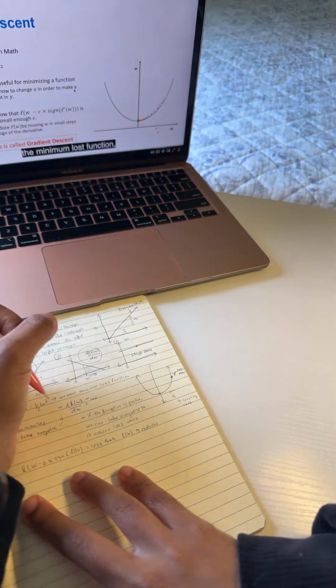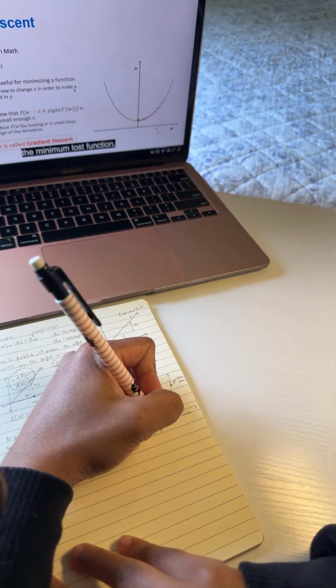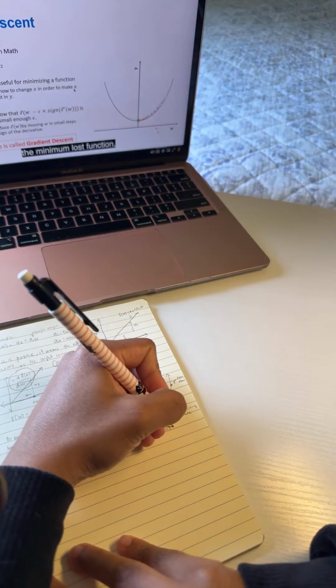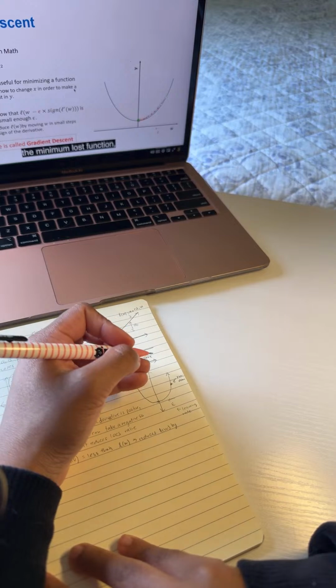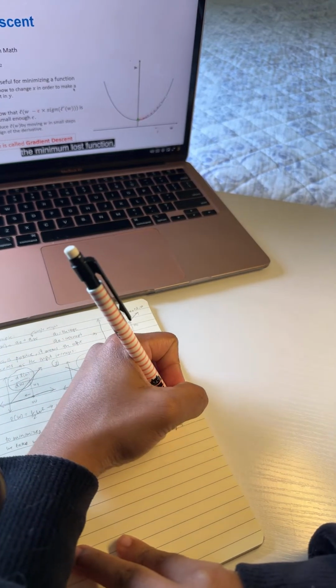Reduces the loss by small steps in the opposite sign of the derivative.